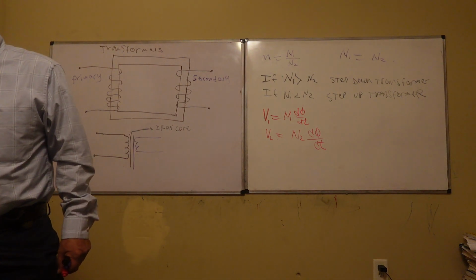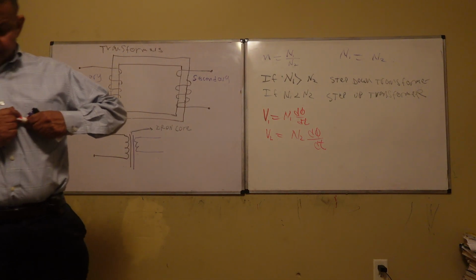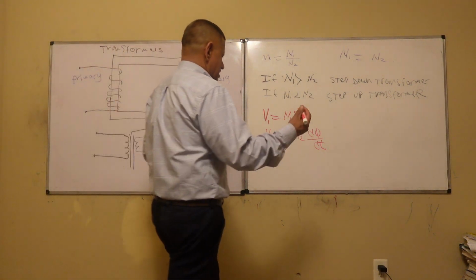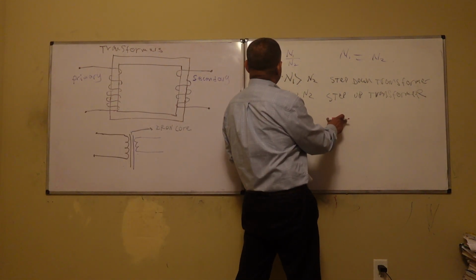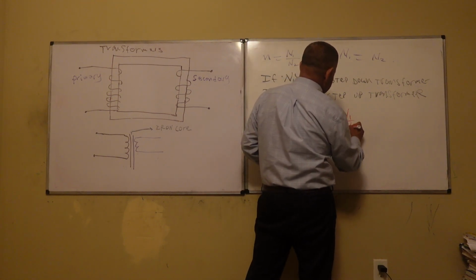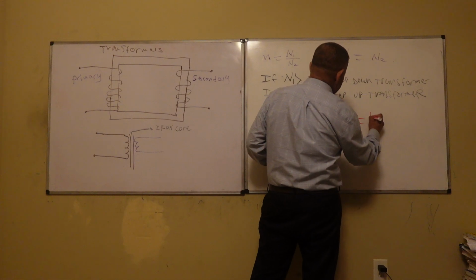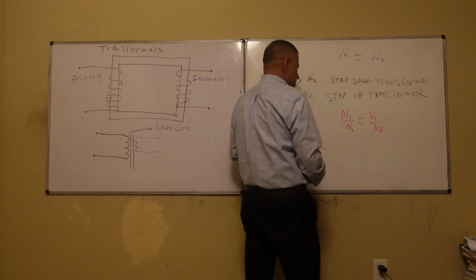So interestingly enough, when you have a transformer, it's very interesting, because you have N1 over N2 is equal to V1 over V2, right?